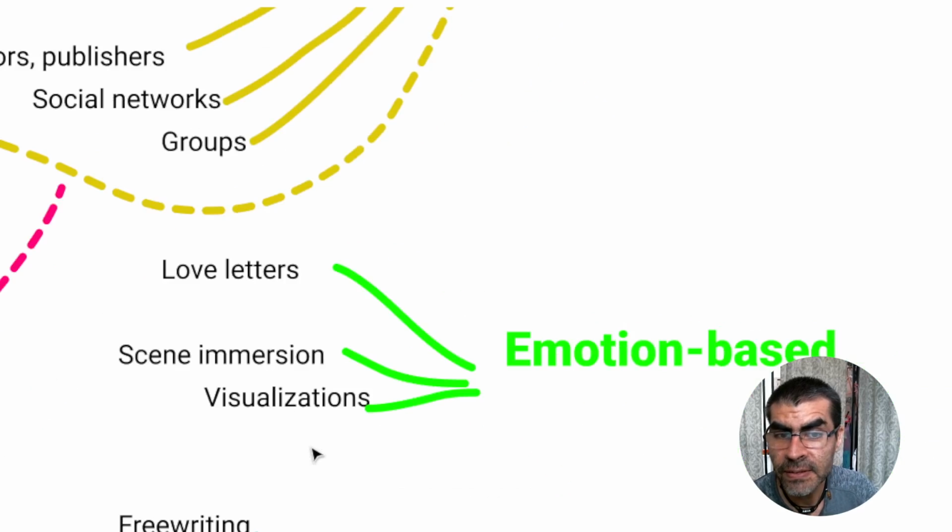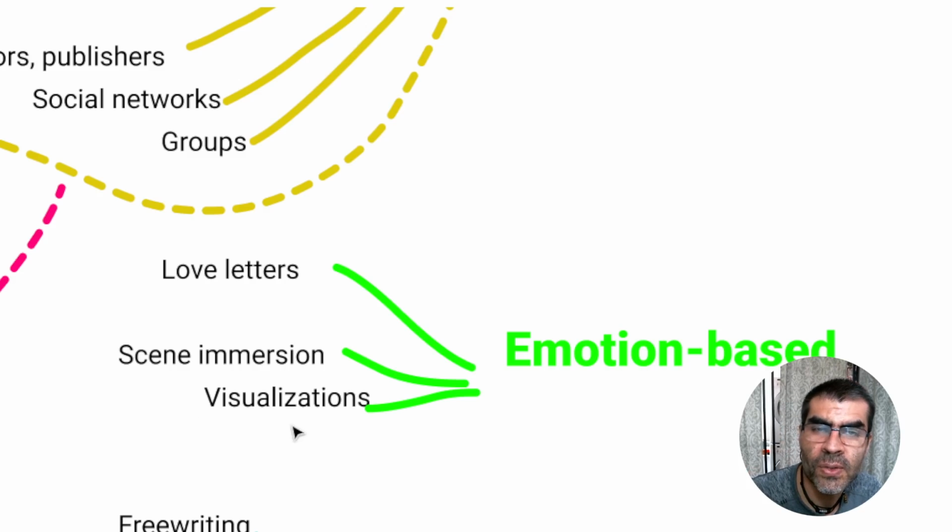And this is a very interesting one, emotion-based stressors. A very good example are love letters, or any kind of letter that is addressed to someone who is very important for you. But there are others. They are very used for fiction, but you can use them also for non-fiction. Sending emotion, you can put yourself in a situation and feel the situation to explain something.